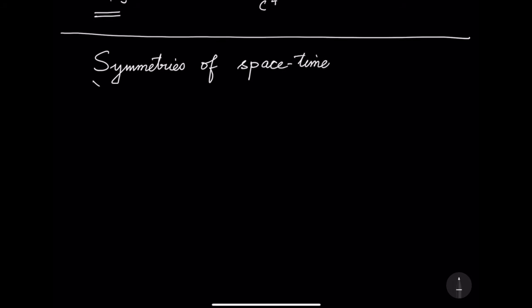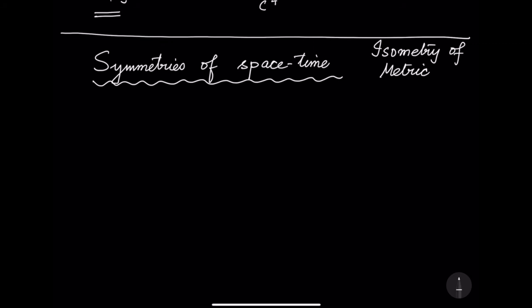Now, what is the thing that is describing our spacetime? The thing that is describing our spacetime is, of course, the metric. So this is also called the isometry of the metric. This is the topic that we'll take up now.